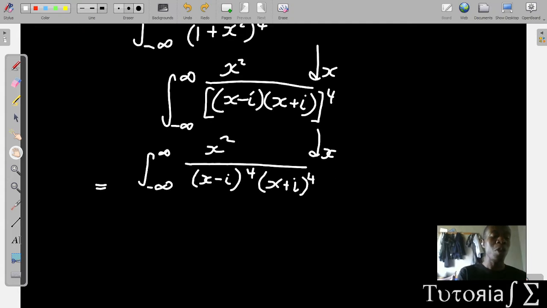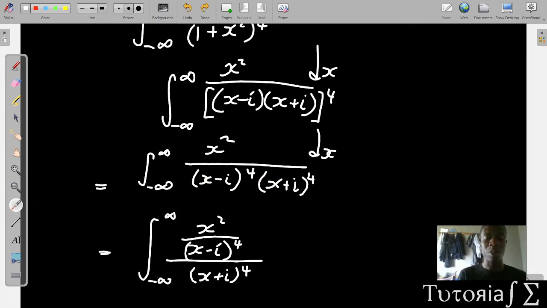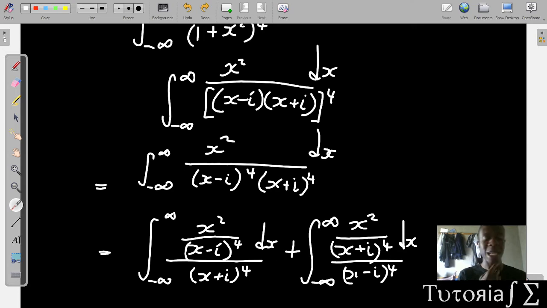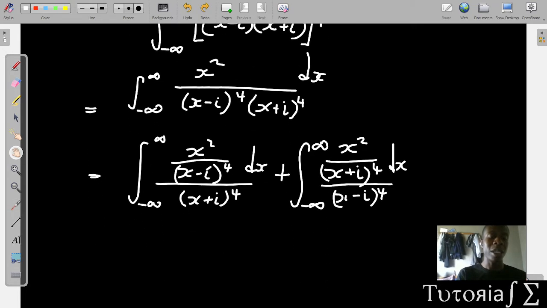But since here there are two parts that are giving us a pole, they will take turns to be the denominator. So this one will take a turn to be the denominator, like this, then plus the other part will also take a turn to be the denominator like that. So you have two answers.